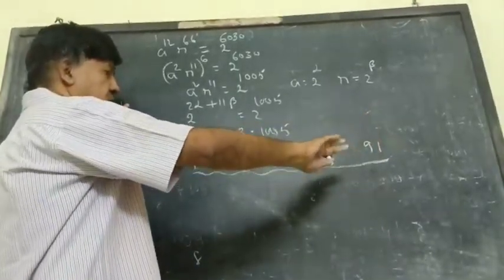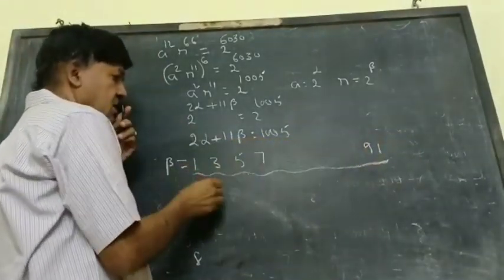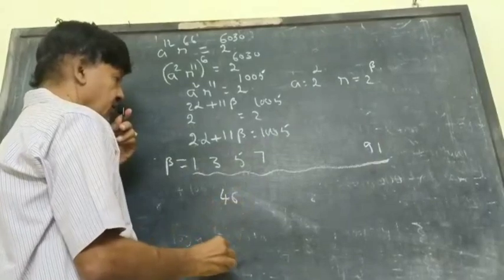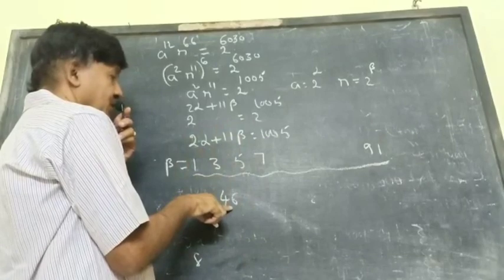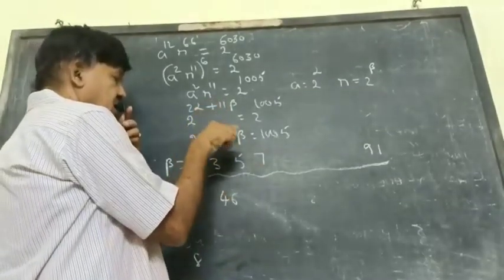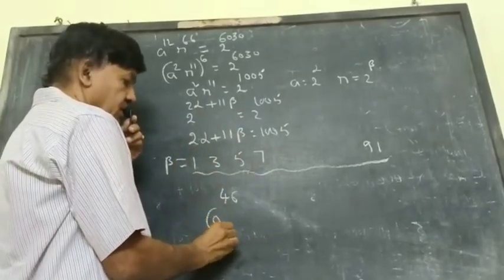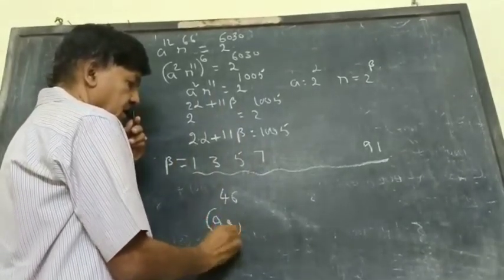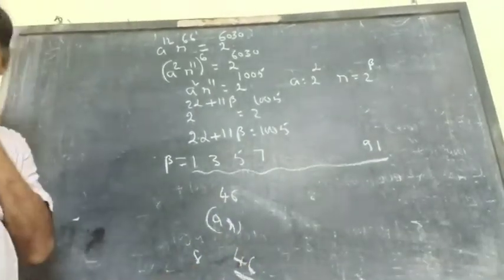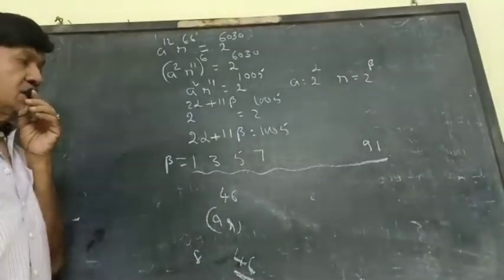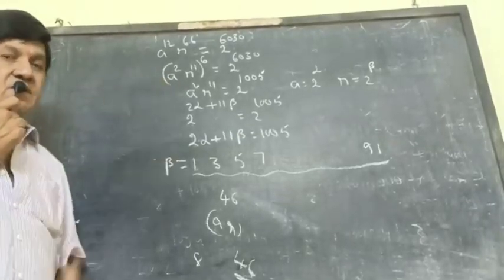Of 92, 46 are even and 46 are odd. So if we remove the even ones, the odd integers are 46. So beta you can choose in 46 ways. For every beta there exists one alpha. Therefore the number of ordered pairs alpha, beta, that is a, r, will be 46. So there are 46 ordered pairs a, r of positive integers satisfying this equation.